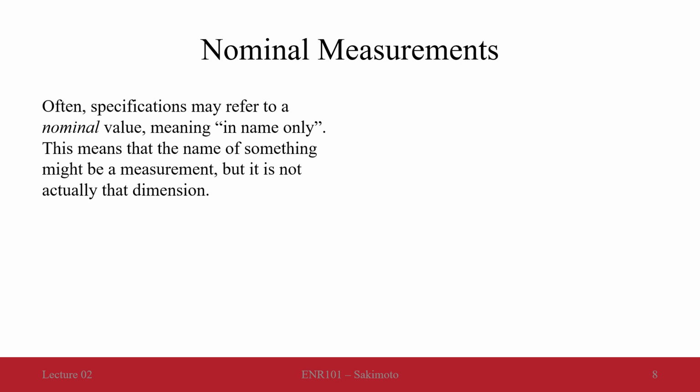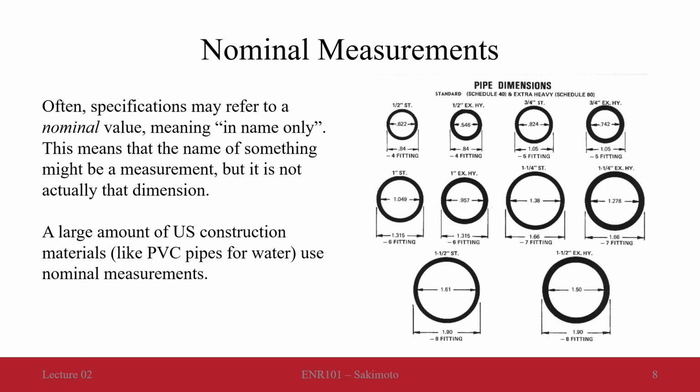Another example of nominal measurements, again, you often see this in U.S. construction materials. You'll see things like PVC piping used for water makes use of this nominal dimension. You can see in these cross sections of various plumbing pipes that the nominal name, such as here in the top left, you see a 1/2 inch standard.